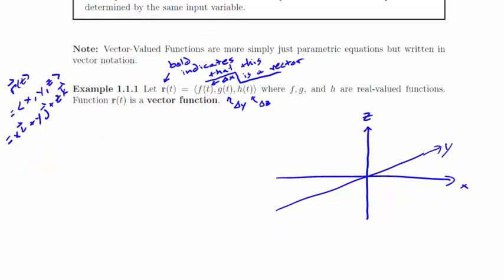So we're in 3-dimensional space, and I could plug in, say, 0 for t, and we're going to call this r sub 0 for a specific vector here, and this gives me x naught, which equals f of 0, y naught, which equals g of 0, and z naught, which equals h of 0.